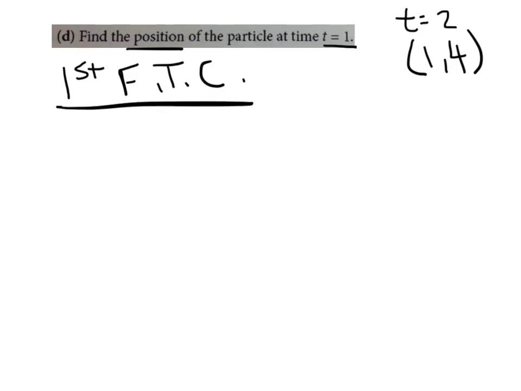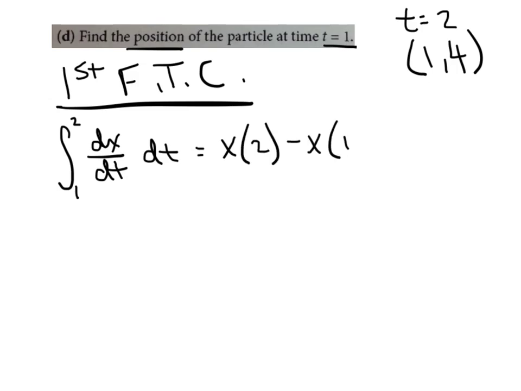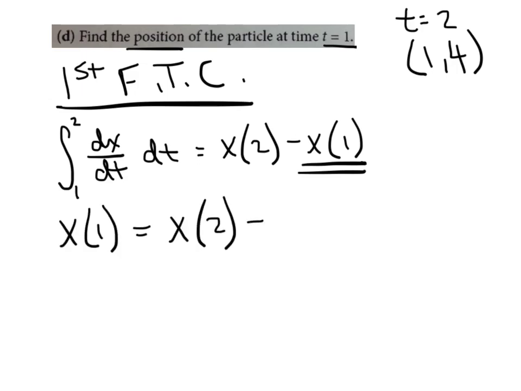So let's integrate dx/dt, that function, with respect to time. I want to know t equals 1, and they gave me t equals 2. Those are the two time values that are in play. That will give me the position at 2 minus the position at 1. Now, I'm actually solving for the position at 1, so I'm going to add that quantity to the other side, and then subtract the integral over.